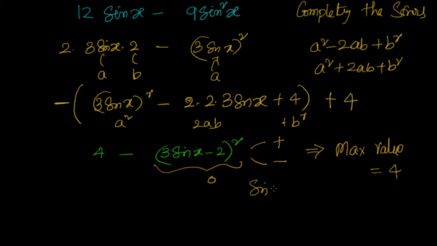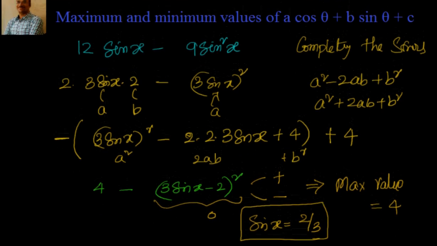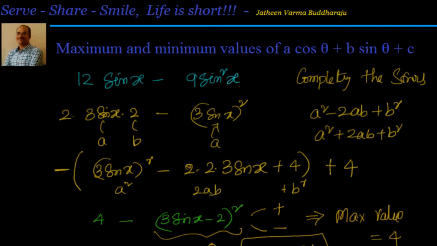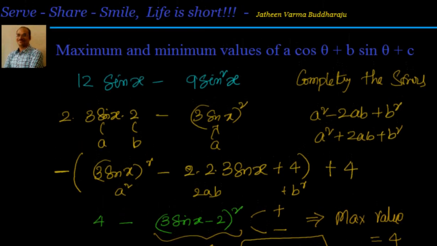Now it occurs when sin x equal to 2 by 3. So that's how you can find out the maximum value of this particular function 12 sin x minus 9 sin square x. You can do it by differentiation also. That we will see when we are going through differentiation.